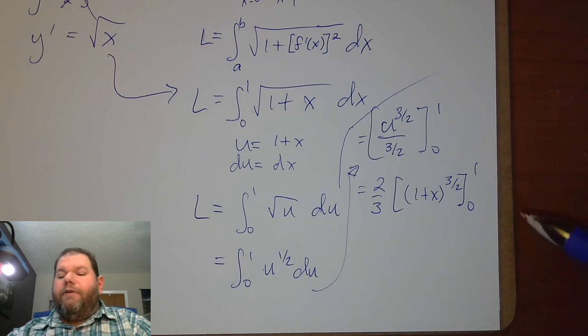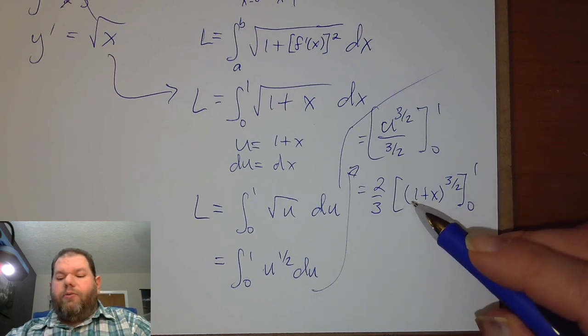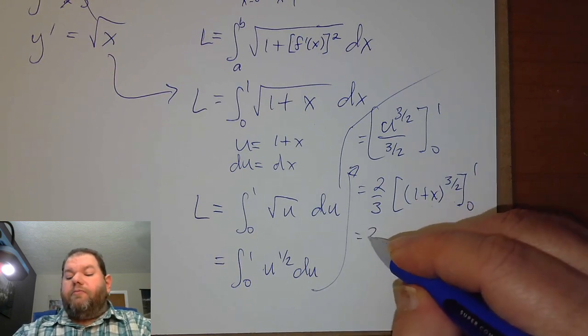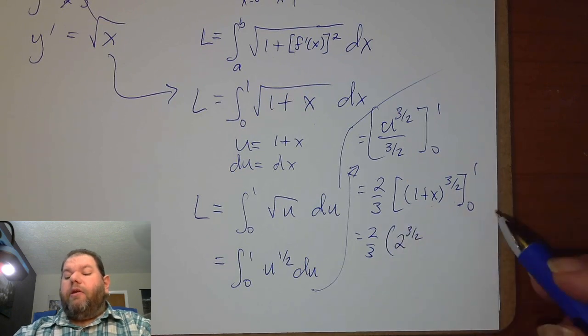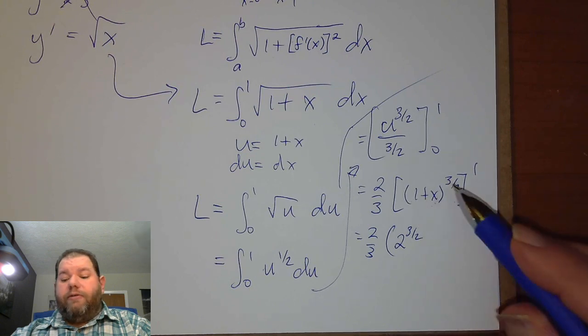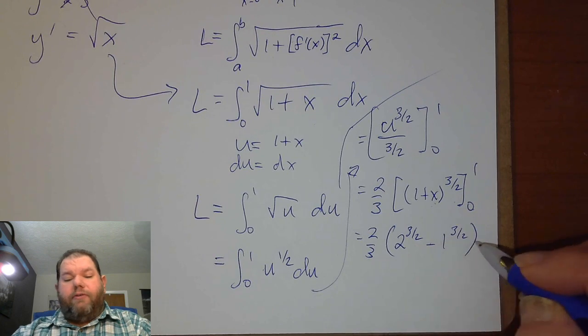If we plug in x equals 1, 1 plus 1 gives us 2 to the 3/2 power. If we plug in 0, we get 1 plus 0, which is 1 to the 3/2 power. And we subtract those two values.